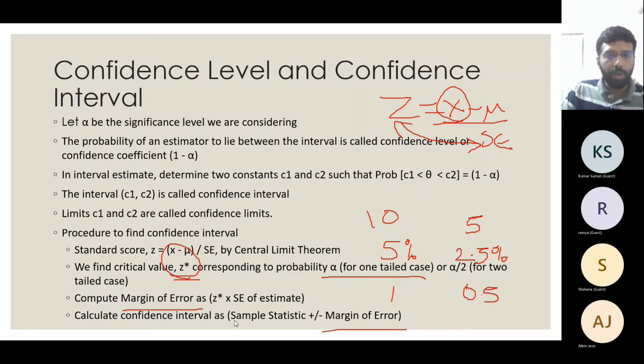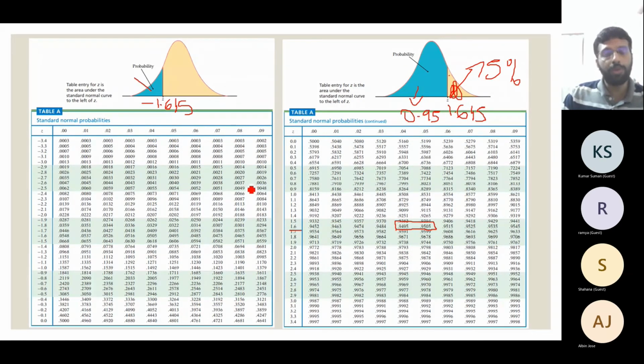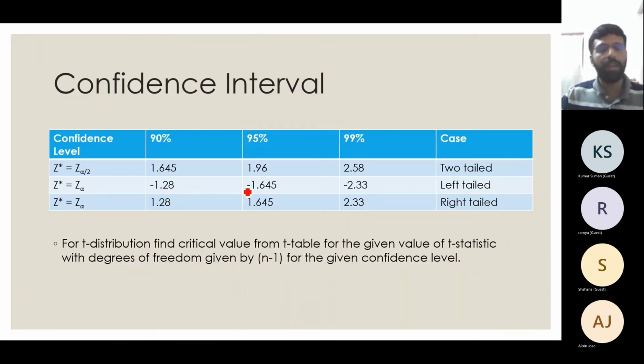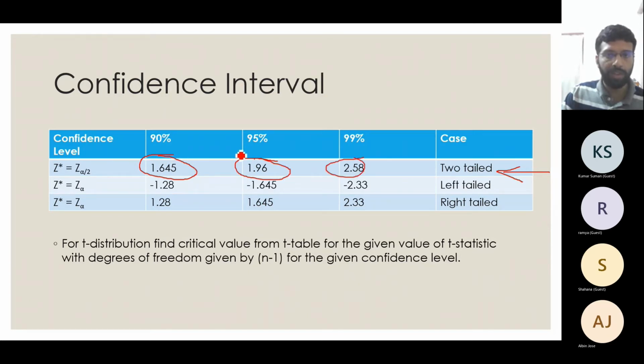Now as you saw, every time we need not use a normal table and find it, because most of the time our case will be 1%, 10% or 5% only. Very rarely we will be asked to find the confidence interval corresponding to other values. So you can even memorize the values, or compile the values and find them. I have just compiled it here for comparison. If you're considering a two-tailed case, for 90% as we saw earlier, it will be 1.645, 95% 1.96, 99% 2.58.